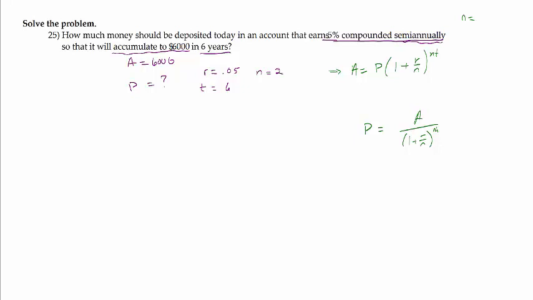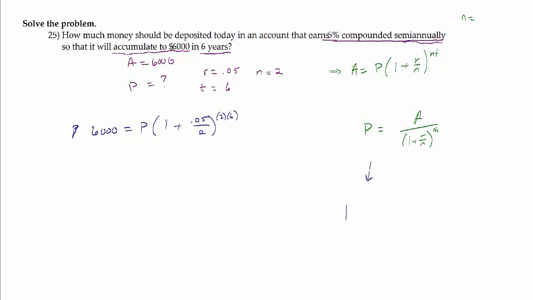Okay, so now plugging these into my formula, I have 6,000 is equal to P times 1 plus 0.05 all over 2 raised to the 2 times 6 power. Like I said, this is just one way of doing it. If you want, you can use this formula.